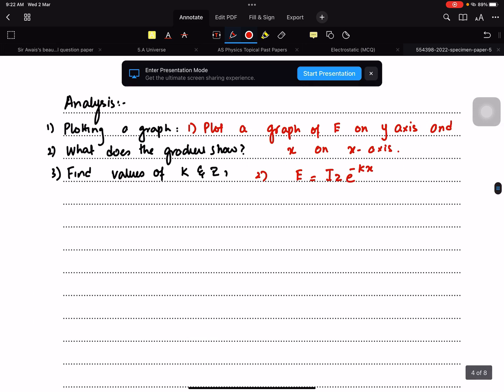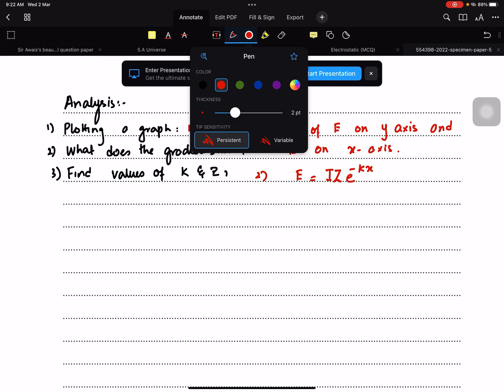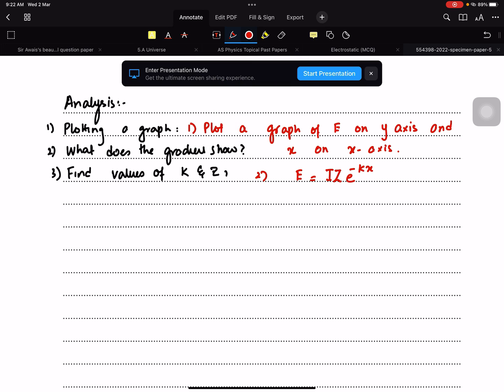So if I now want to draw a graph between this, first of all, I'm going to take ln here. So if I take ln E, this will be ln of IZ e^(-kx).